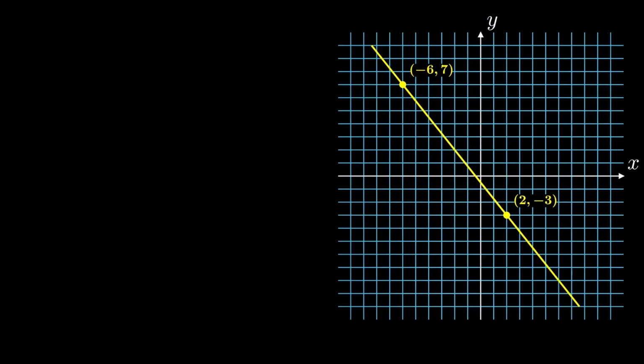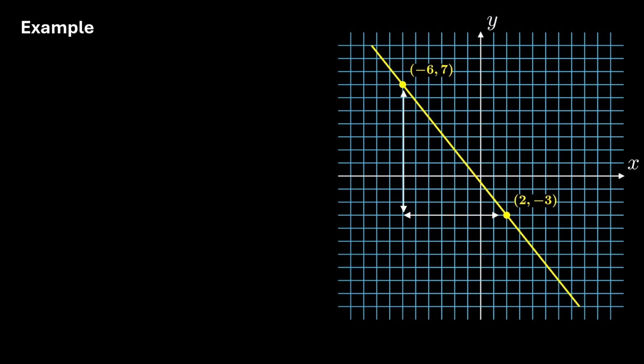And now for another example. We've got a straight line and we've got 2 points indicated on it, minus 6, 7 and 2, minus 3. As usual, we're going to begin by finding the gradient, which is change in y divided by change in x.